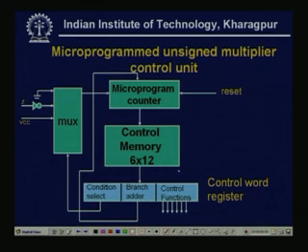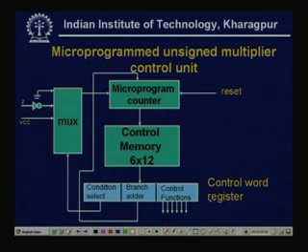What are the various components of this microprogram multiplier control unit, unsigned multiplier? Here it has one multiplexer, one microprogram counter, the control memory and the control word register.